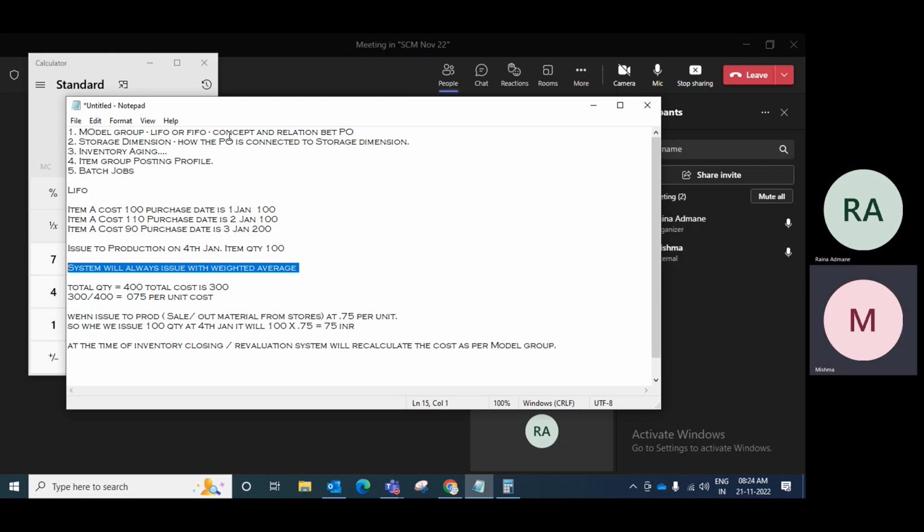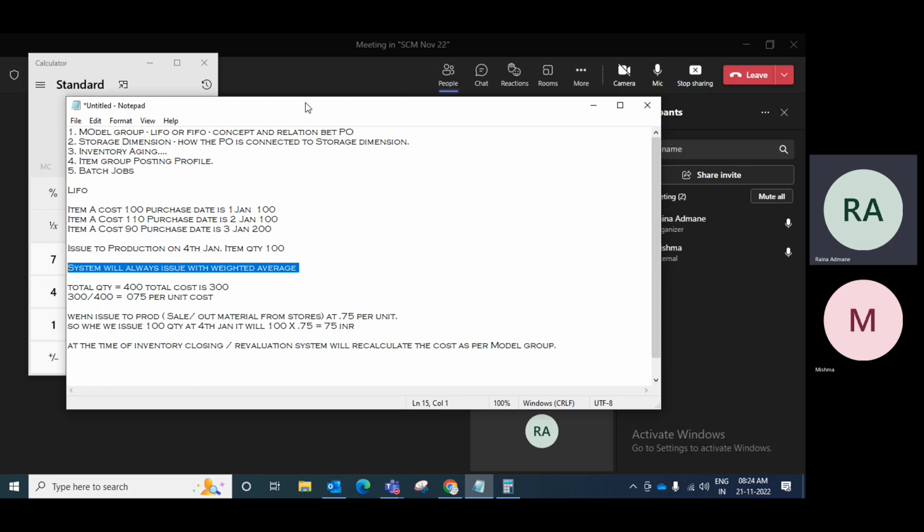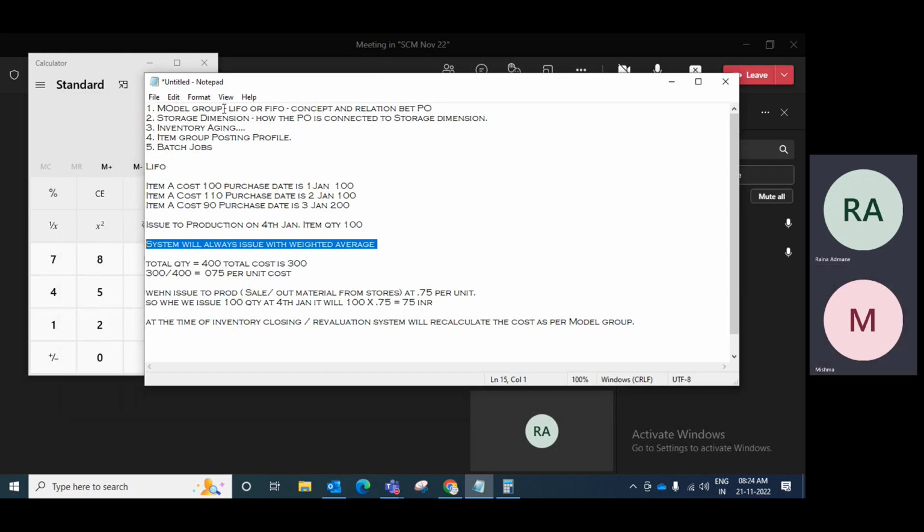This is the first concept. In any ERP, the item has to be the same. For one item we are calculating all these things. For each item, the cost, the rate and the quantity will be different.